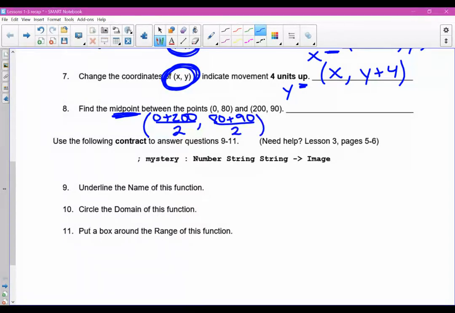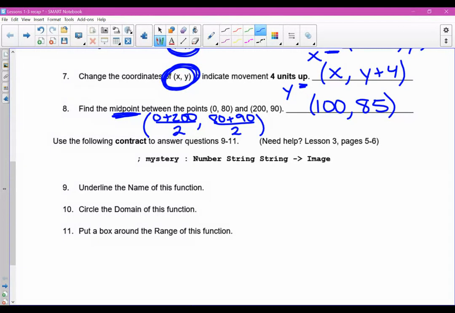So 0 plus 200 is 200 divided by 2 gives me 100. 80 plus 90 gives me 170. And half of 170 is 85. So my midpoint is 100, 85.